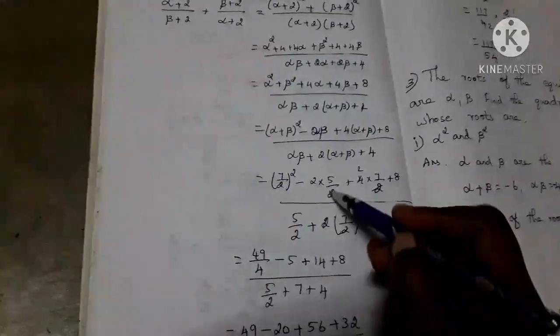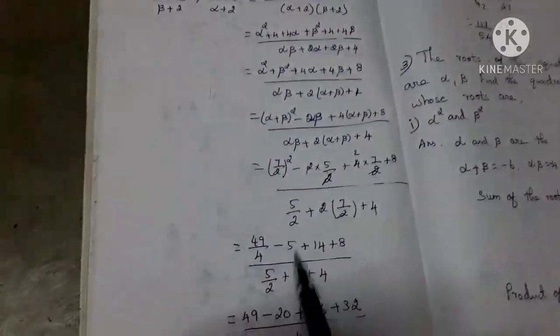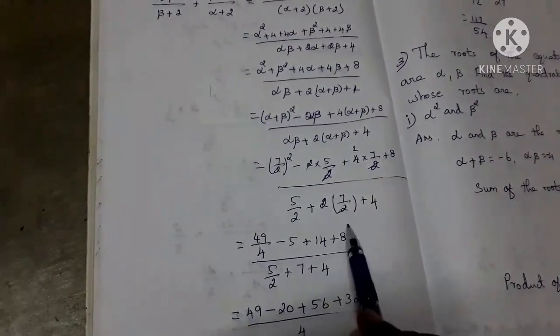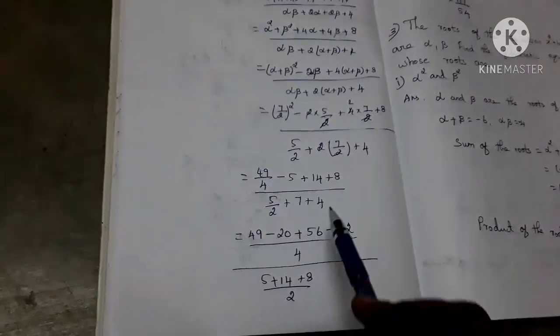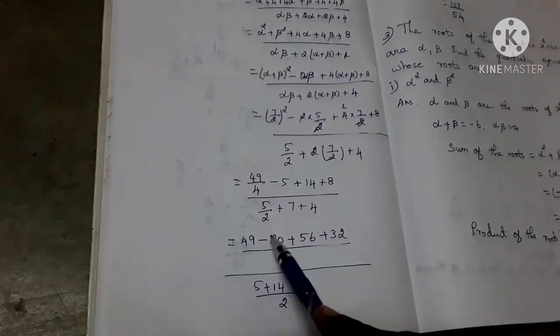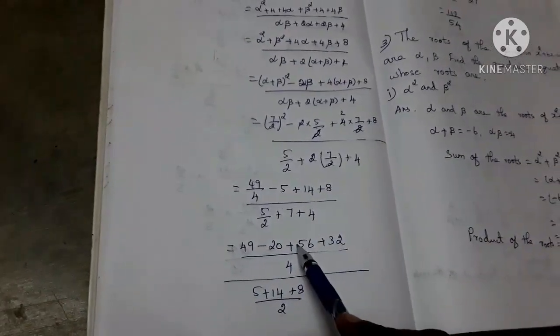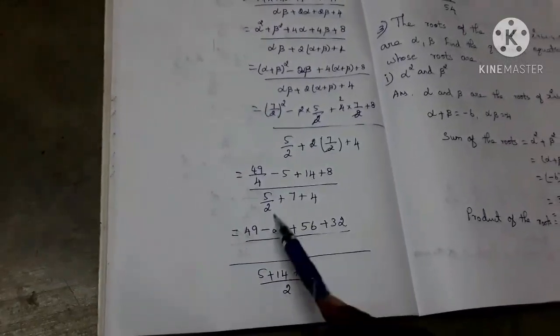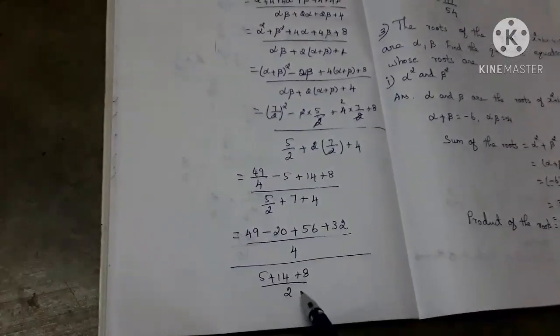Cancelling the 2, only 5 remains. 49 by 4 minus 5 plus 14 plus 8, divided by 5 by 2 plus 7 plus 4. Cross multiplying, 49 minus 20 plus 56 plus 32 by 4, divided by 5 plus 14 plus 8 by 2. Now this division becomes multiplication.